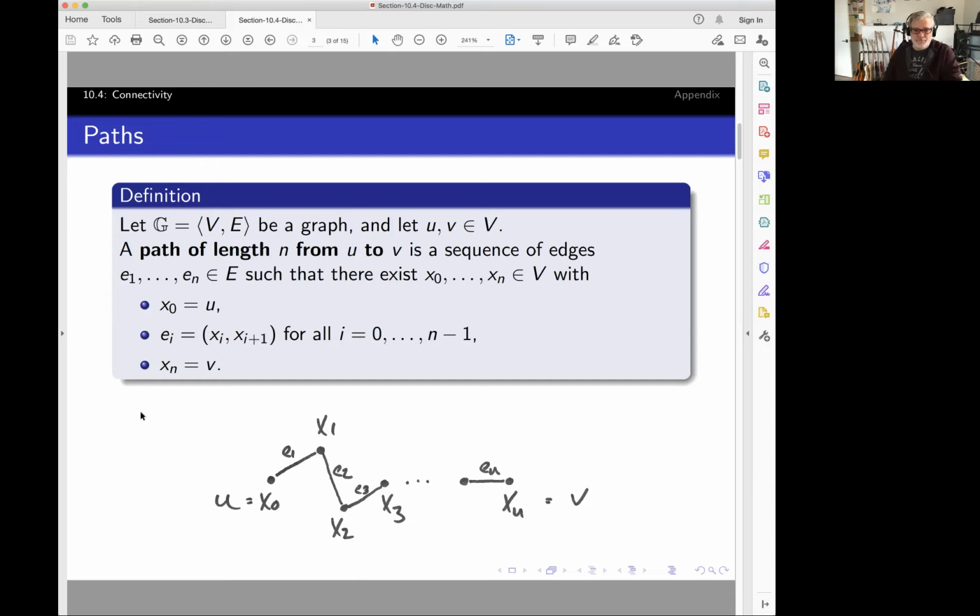Okay. Now notice that I don't make any conditions here on whether these edges are different or the vertices are different. You might have lots of repeats. It makes no difference. Okay, so we don't disallow situations where the vertices or edges are not distinct.